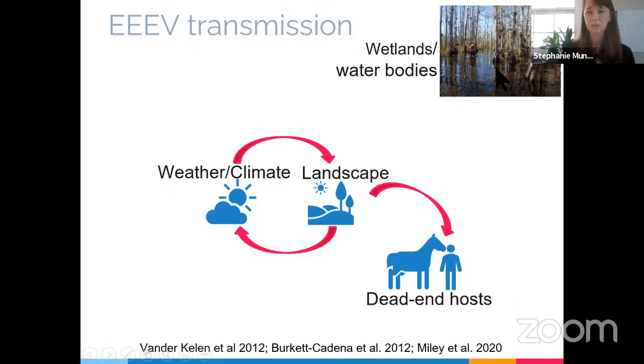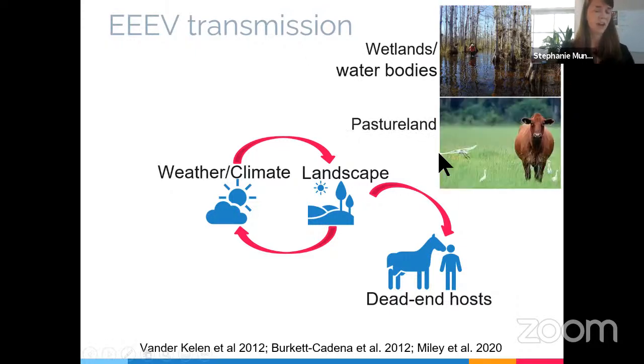And the water bodies will tend to sustain populations of the wading birds, for example, that play an important role as a host. And when we have pasture land where horses are in close proximity to these wetlands where there is high transmission risk, that's where you have the potential for spillover into horse populations.